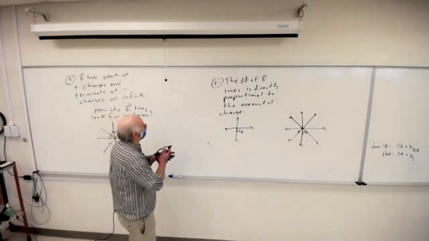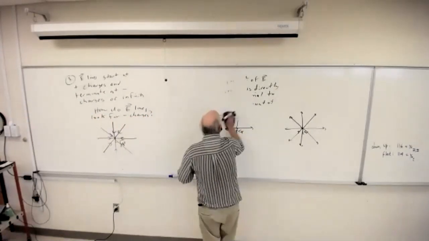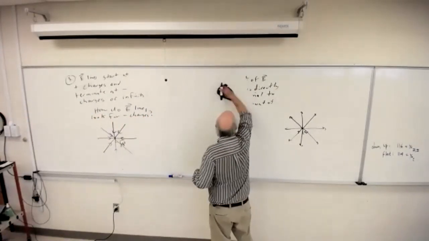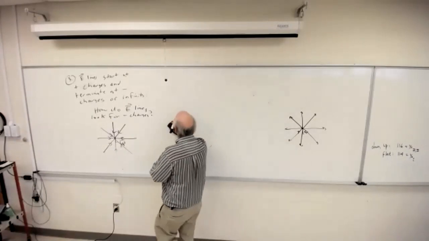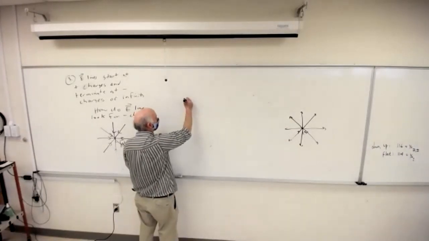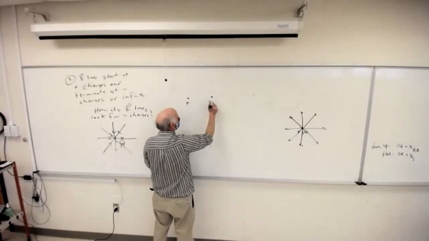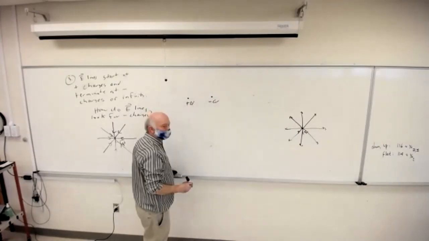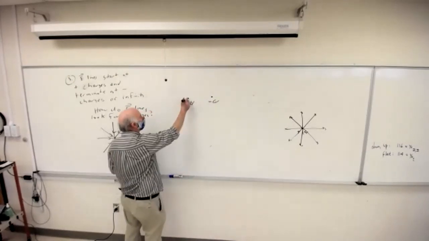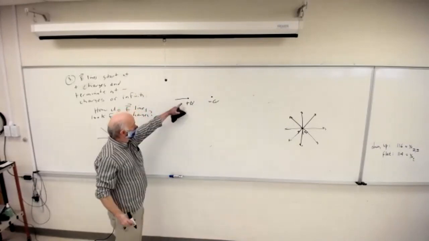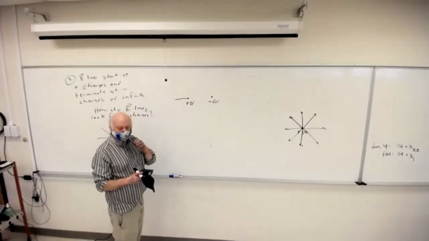Now, if we had a positive and a negative, let's say I had a positive charge and a negative charge. Okay, what would this look like? If I had an E line going out like this, going this way, where would that line have to stop?